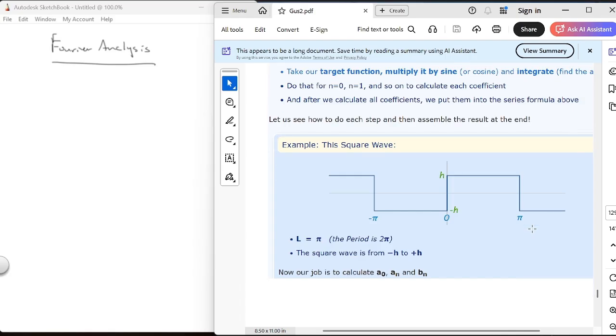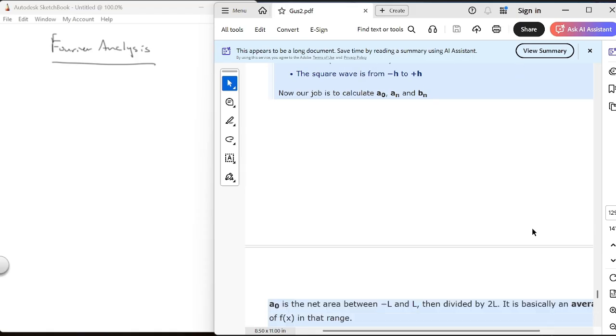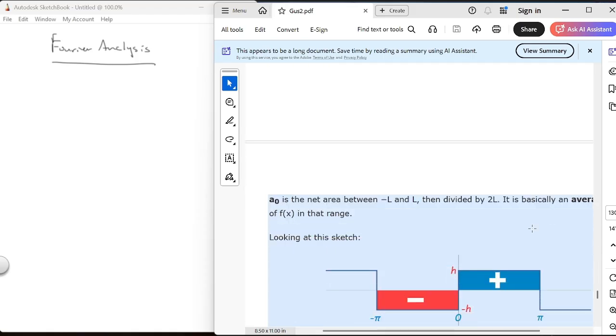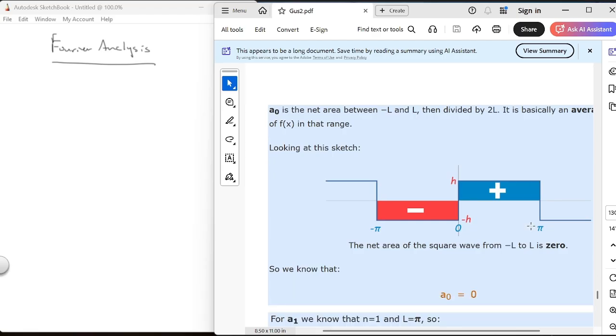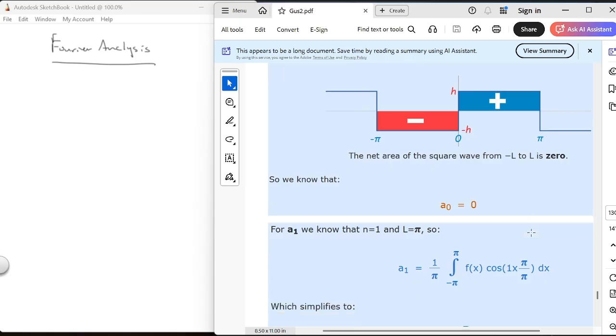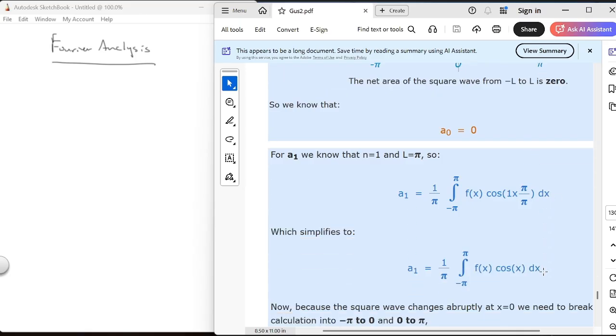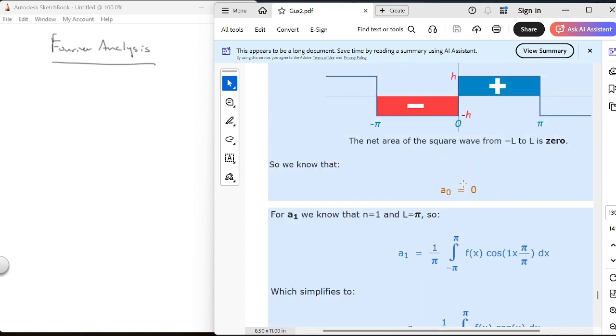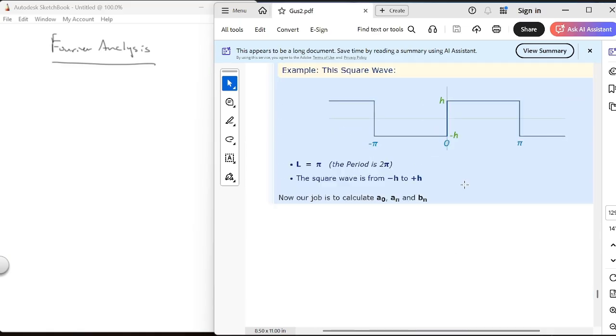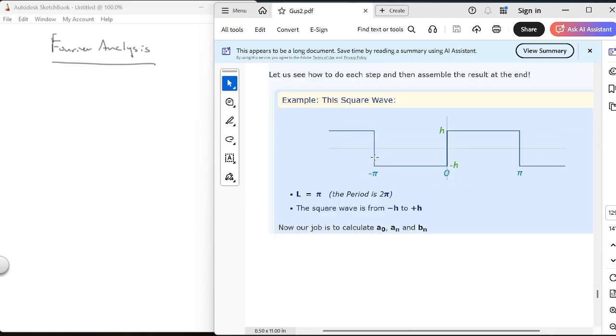Okay? And some of them are going to be 0, and some of them you're going to integrate and you're going to get the numbers. So basically, it is a process of finding those numbers. Now, you're never going to just say, okay, this waveform is a sine wave, but it is.